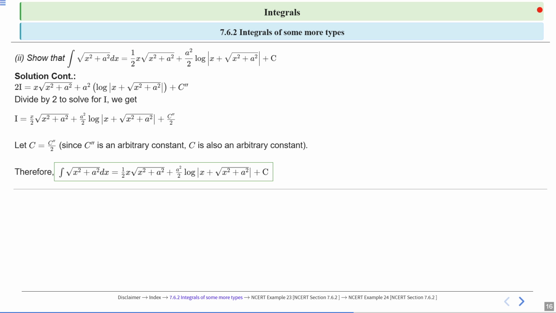The first term is x by 2 into the same as the function of the integrand, that is root under x square plus a square, then plus a square by 2, and the formula of 1 by root under x square plus a square, that is log mod x plus root under x square plus a square plus c. So in this formula there are only two terms, x and root under x square plus a square, that is used, and a square by 2 and log.